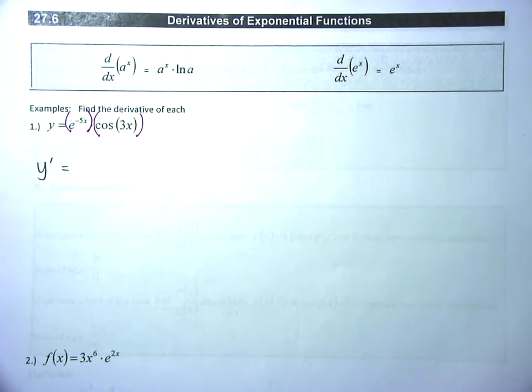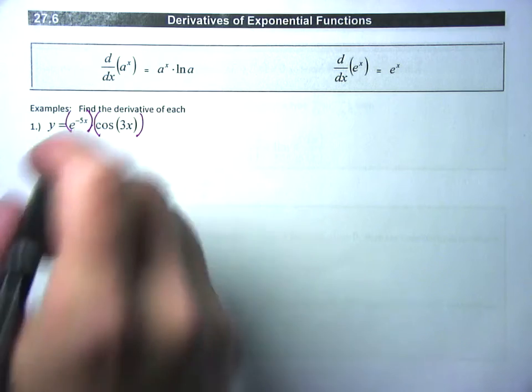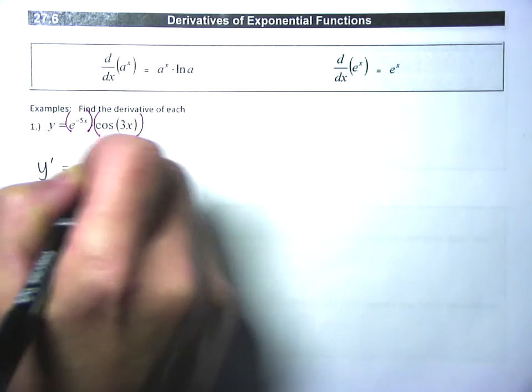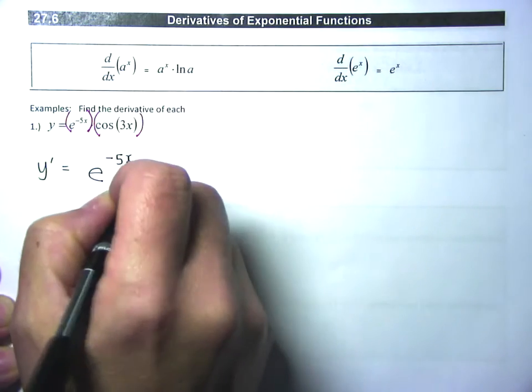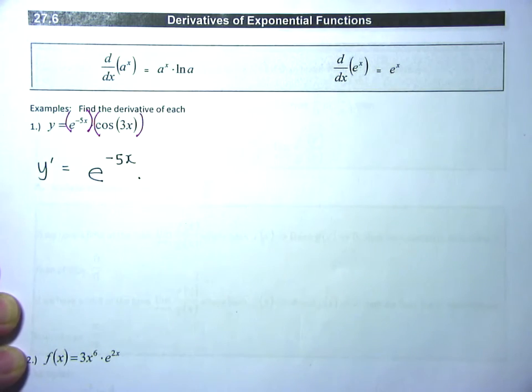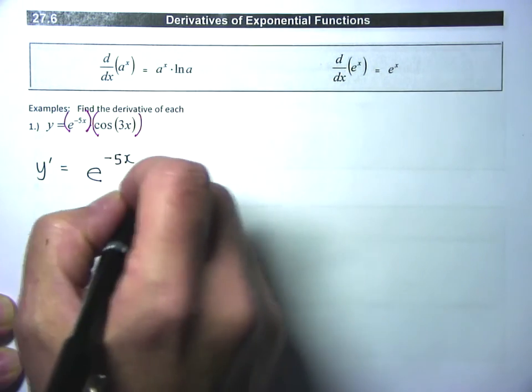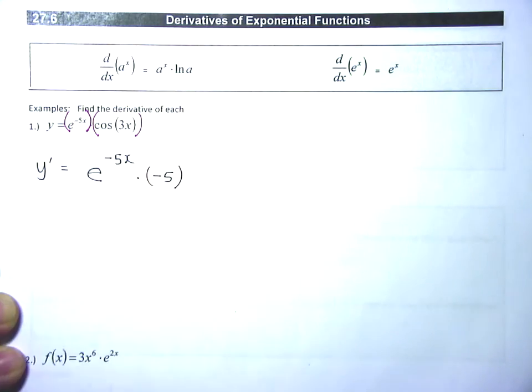Derivative of e raised to the power negative 5x. So by the chain rule, derivative of the outside: derivative of e raised to some power is e raised to that power times derivative of the inside. The derivative of negative 5x is equal to negative 5.